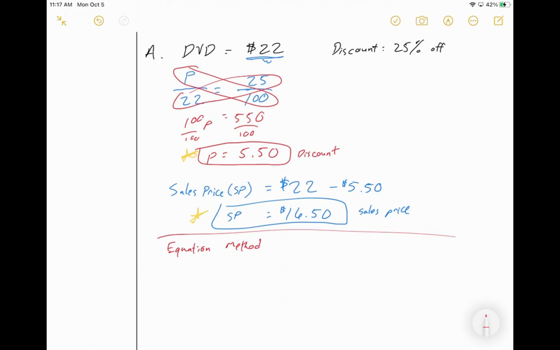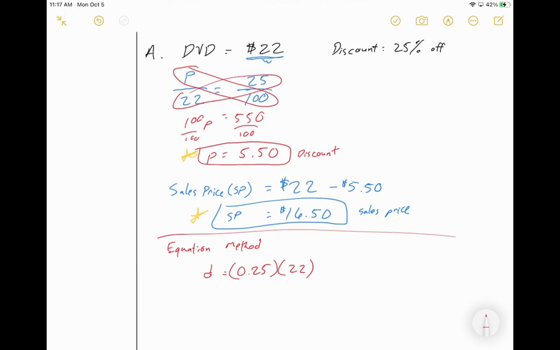Now, the equation method, you could have done it like this also. You could have said, well, I know that the discount is equal to 0.25 times 22. Everyone just do that in your calculator real quick. Again, the equation method is if you don't want to set up a proportion. I like this way a little bit better because I think it's a little bit faster.